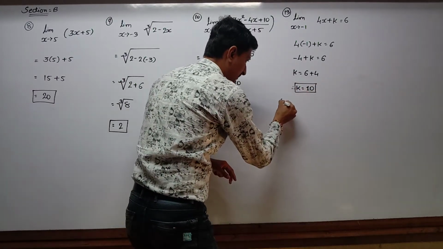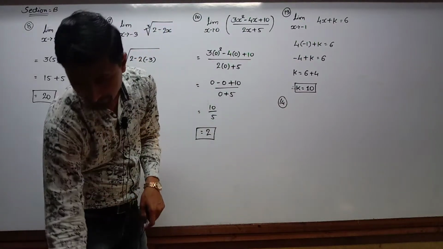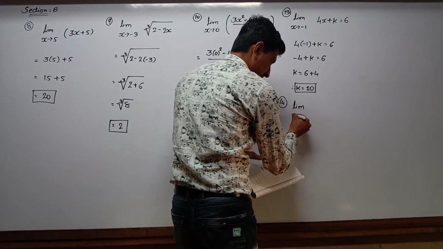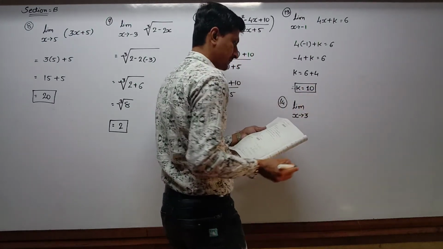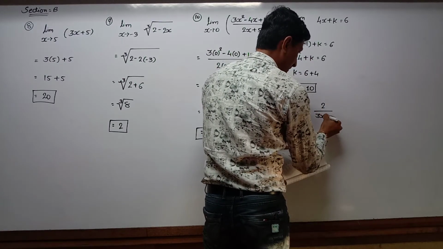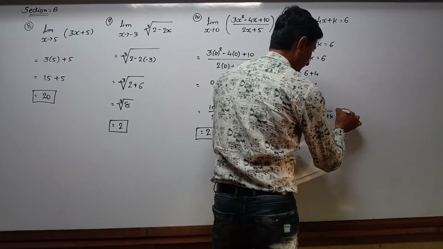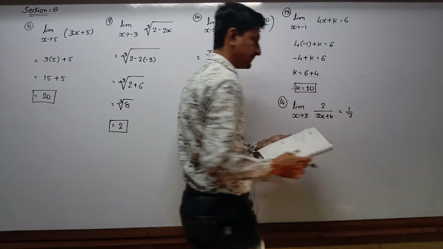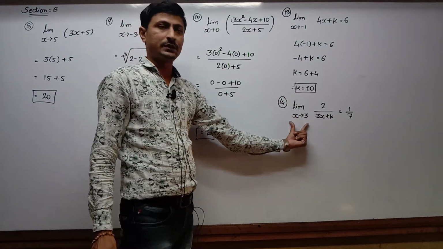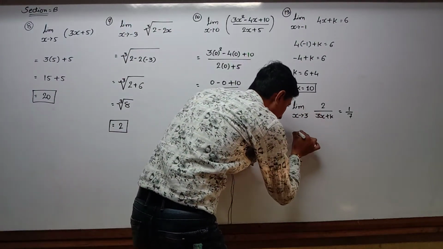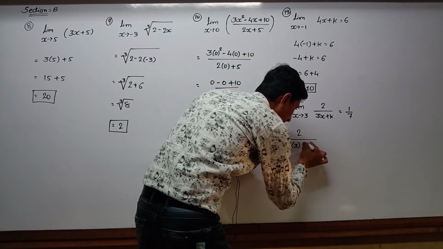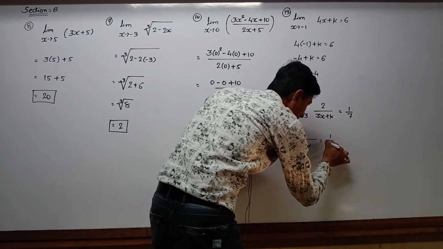And the last question, number 14 for Section B. If limit x tends to 3 of 2 by (3x plus k) is equal to 1 by 7, then find the value of k. Okay, find the value of k. x tends to 3, so first putting values, 2 by 3 in bracket 3 plus k is equal to 1 by 7.